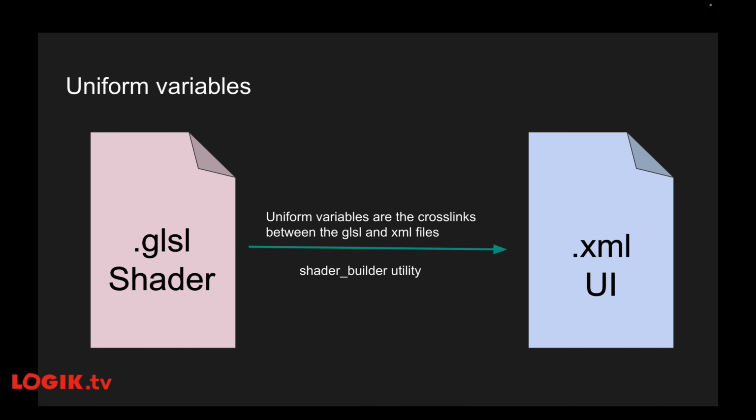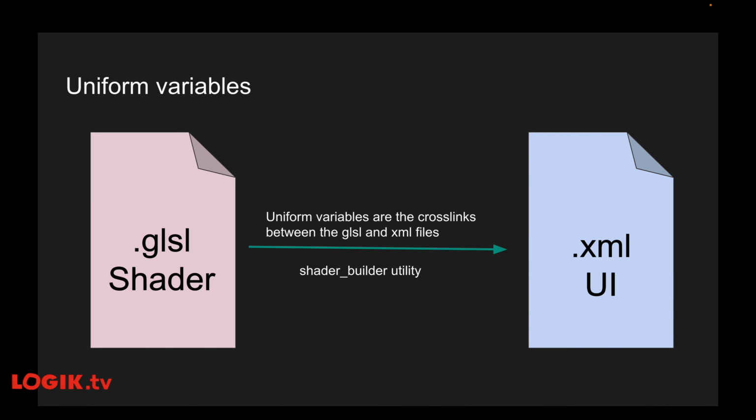Within a shader, uniform variables are pieces of data that are read-only, and their values can only be changed from outside of the shader, meaning the XML file. They are declared in the GLSL file, but can also be referenced in the XML file, allowing these 2 scripts to cross-link. The only thing that we need to make sure is that those uniform variables remain the same name.